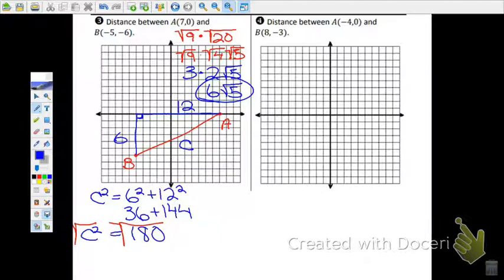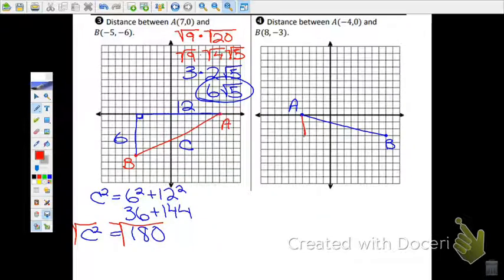Number 4, distance between point A at -4, 0 and point B at 8, -3. So, again, I start out by making my right triangle.